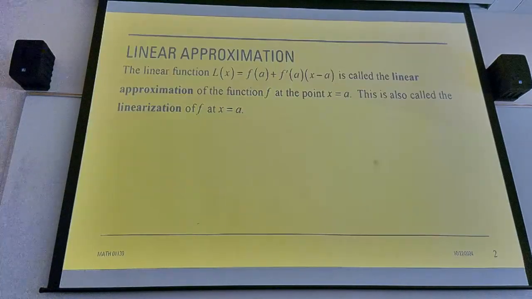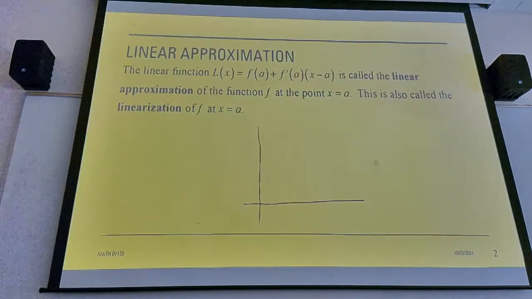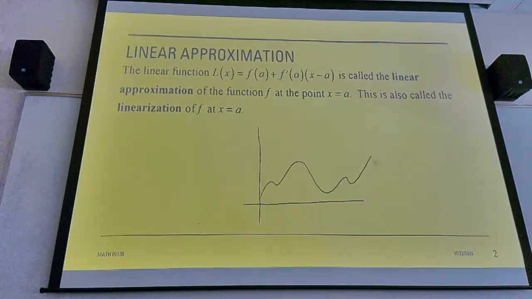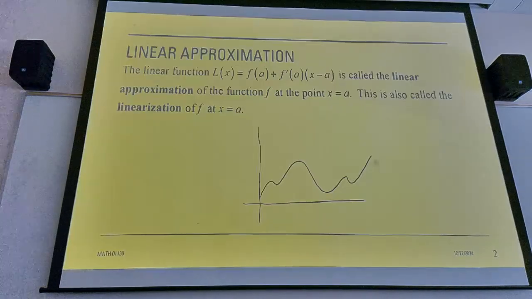Ultimately, here's how it's working. Let's call that point A. And let's say we happen to know exactly what that value is. There's the tangent line.